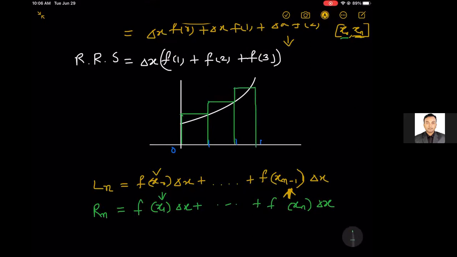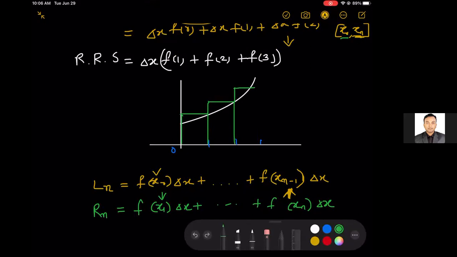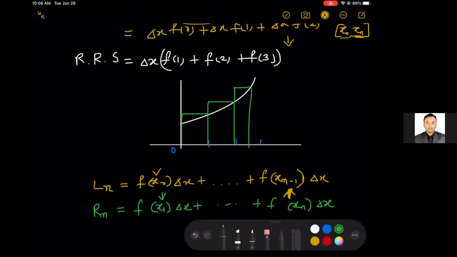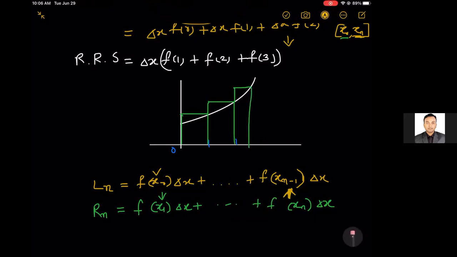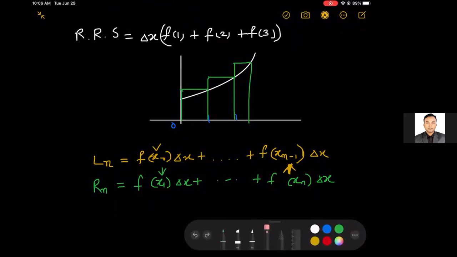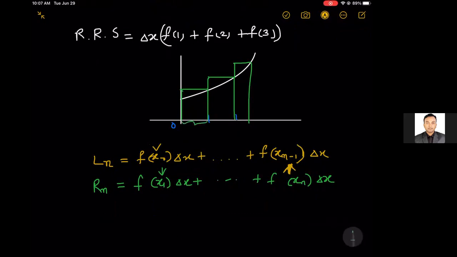It doesn't look right, but it will look like this, although these rectangles will be equal to each other. Since I'm drawing it by hand, I have kind of messed it up, but you can clearly imagine it will be the same length. These lengths will be same. It's 1, 2, and 3, right?